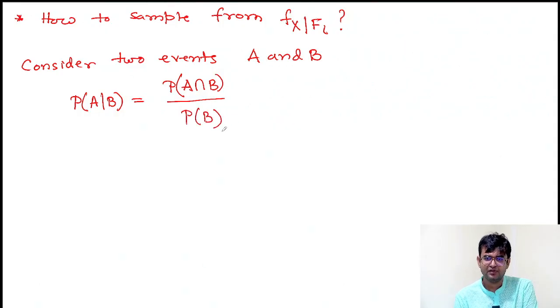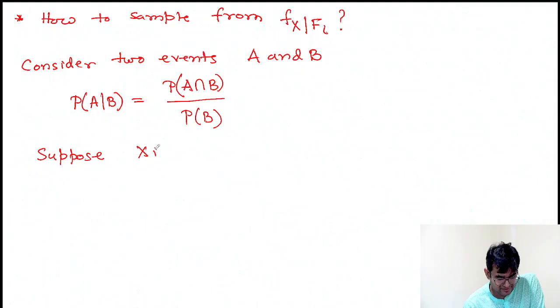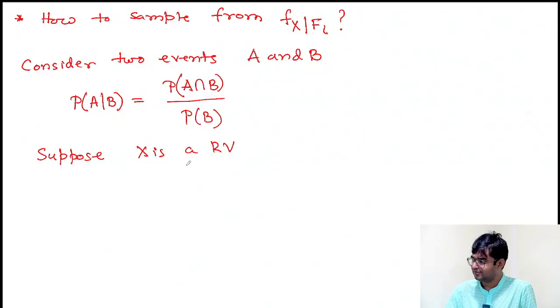Okay. Can you tell me, now suppose I introduce a random variable x here. A and B are events. A and B are not random variables. Let us introduce a random variable into the picture. Okay. So suppose x is a random variable, and if it is a random variable, it should have a PDF or PMF, depending on whether it is continuous or discrete.